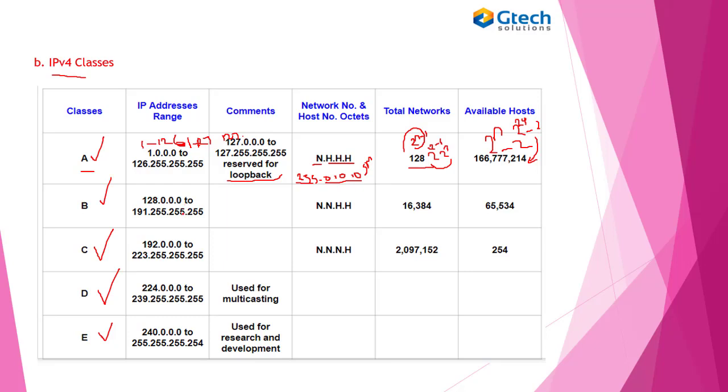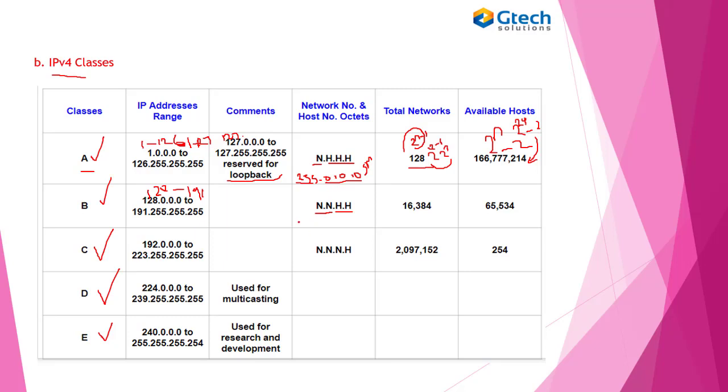In class B, the range starts from 128 to 191. So any IP address within this range, within the 128 to 191, is classified as class B IP address. Okay, under class B IP address, we have 2 octets representing a network portion and 2 octets representing host portion.